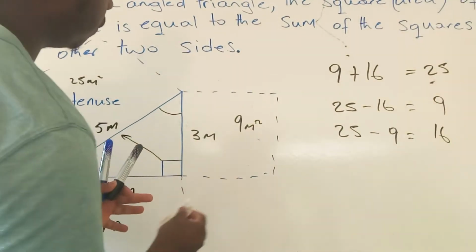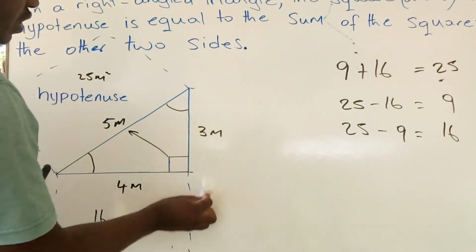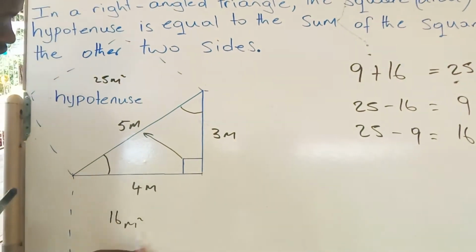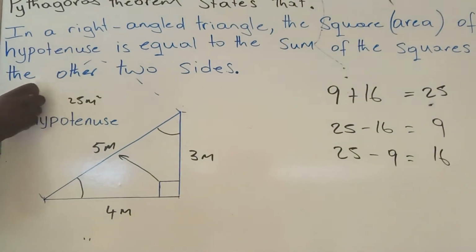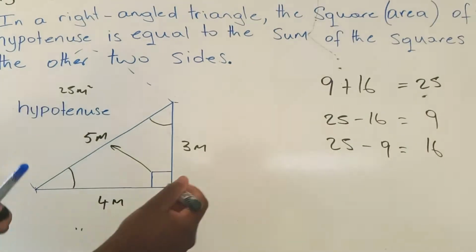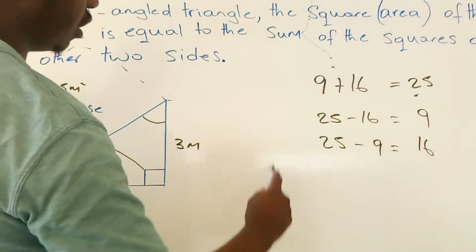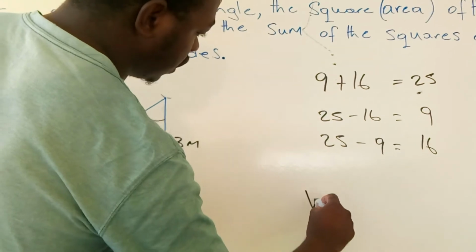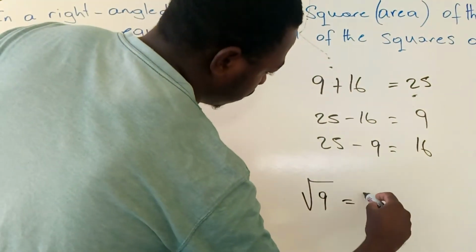Now, let's just investigate these numbers some more and see if we can come up with some more interesting things about the right angle triangle. Note here, if you root 9, then that would give you 3.